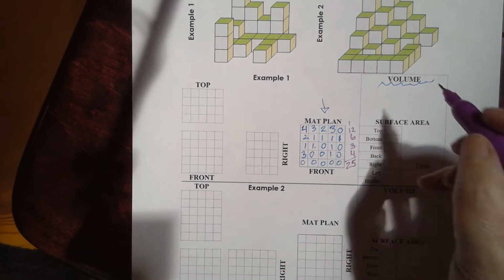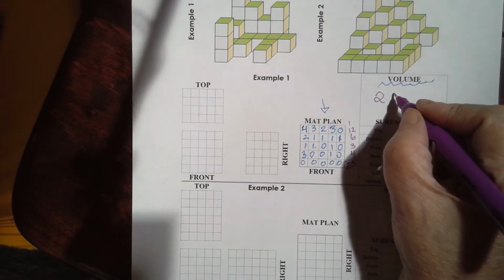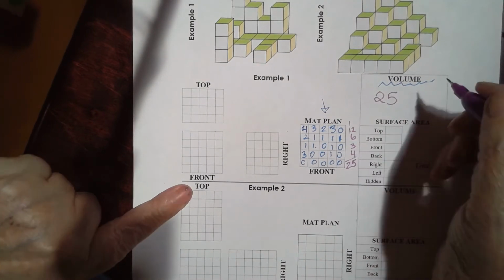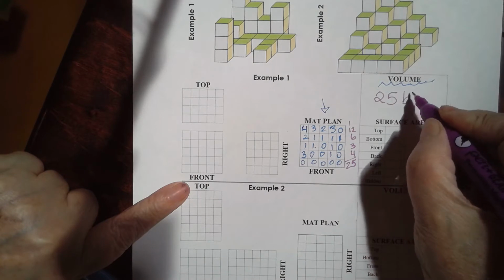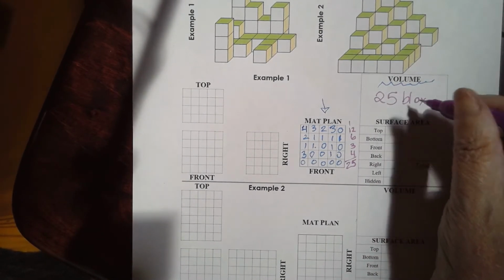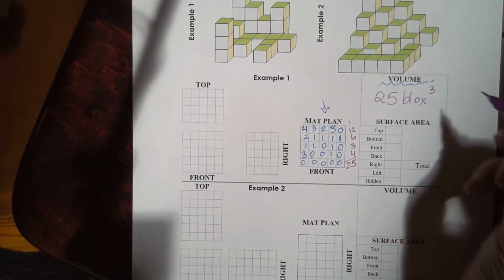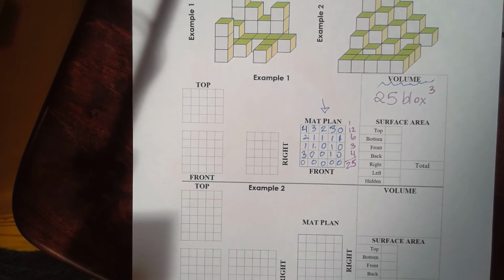So that was 25 blocks. My volume is 25, and I could put units or I can put blocks. For some reason, I find it humorous to use the word blocks. So I have 25 cubic blocks.